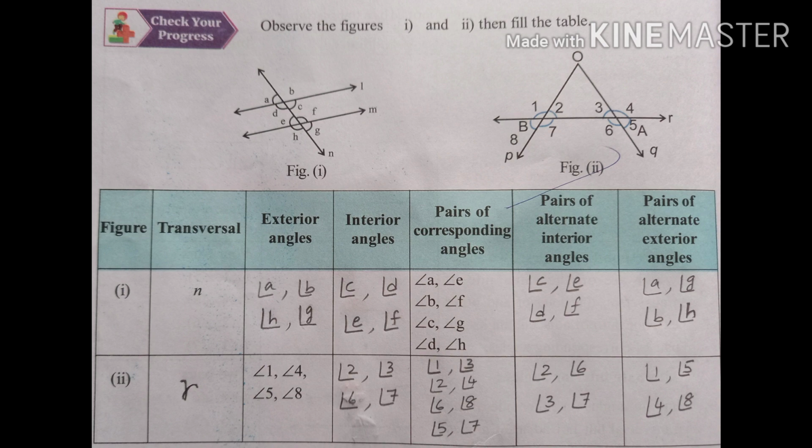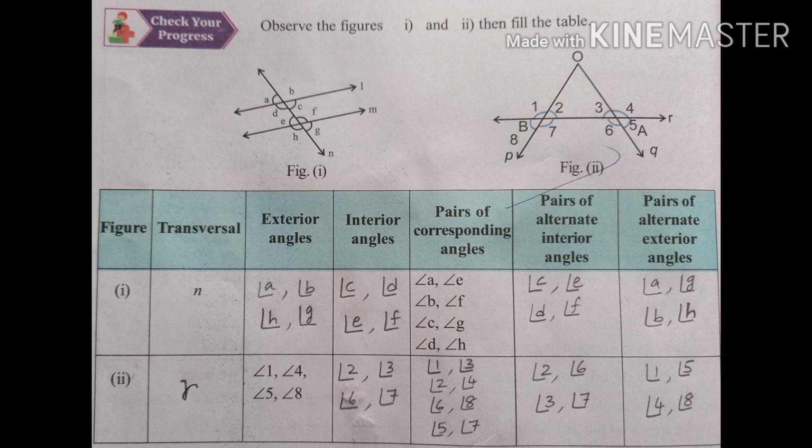From figure 1, the transversal is N, which intersects the two lines L and M at two different points. In this figure, exterior angles. What are exterior angles? Outside the two lines L and M. What are outside?